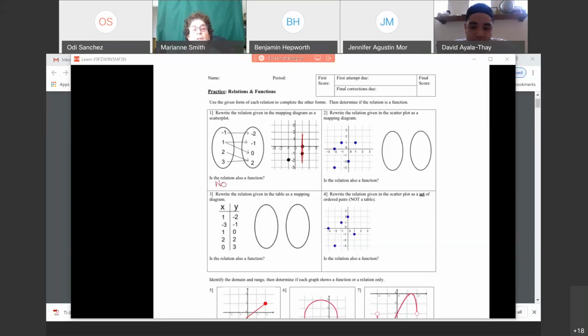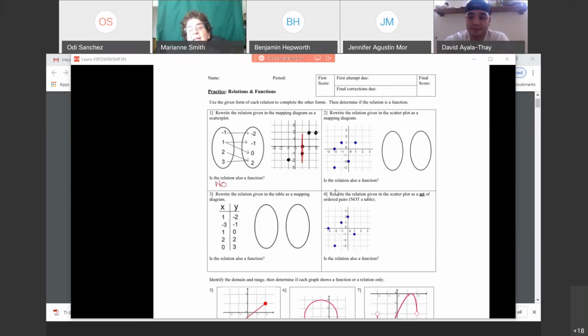Again, if we were to draw the rest of the ordered pairs, 2 will give us a 2, and 3 will also give us a 2, but that's okay. Because again, we don't have the situation where sometimes 2 gives us a 2 and sometimes it gives us something else. That's perfectly okay.